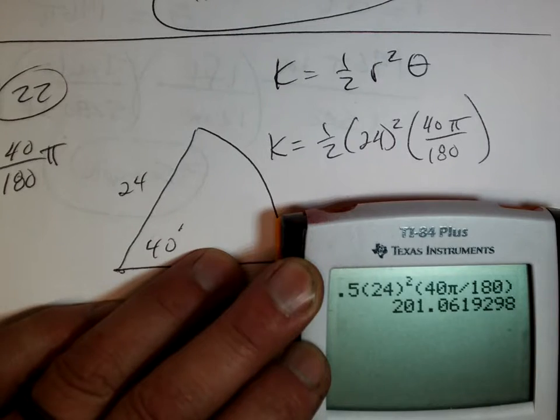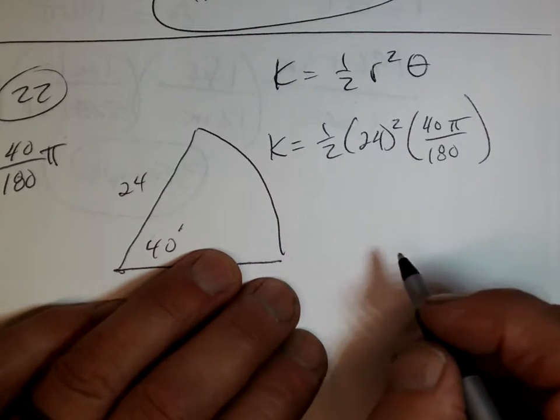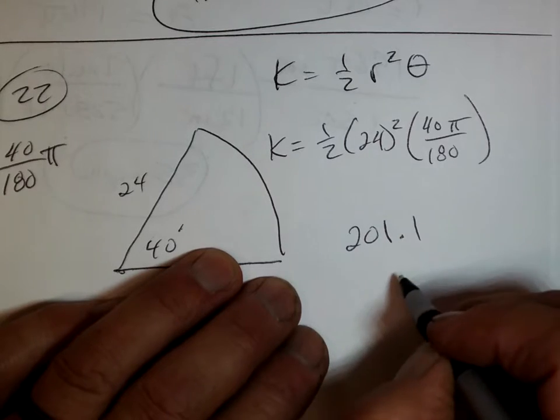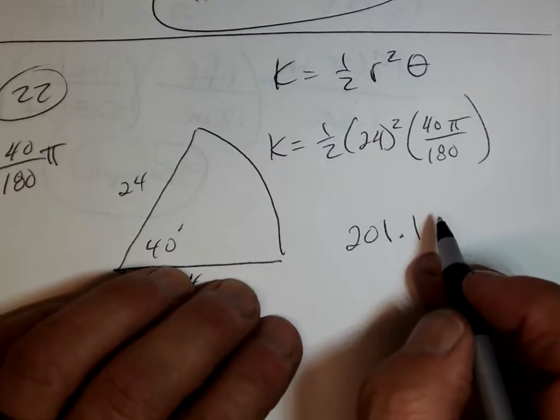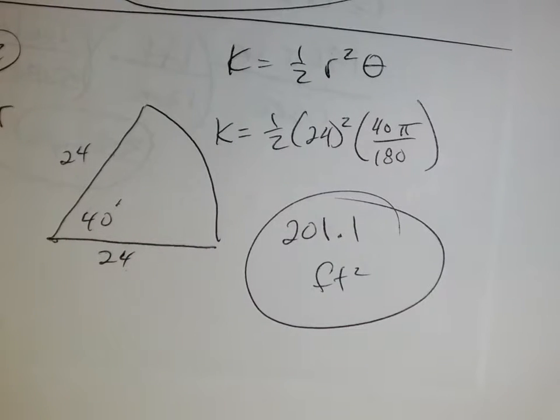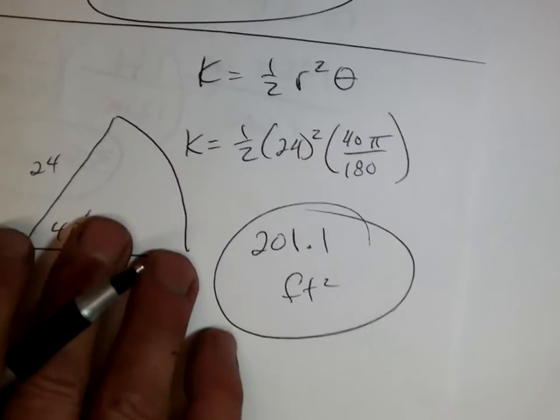And I get an answer of about 201.1, and that'd be in terms of probably feet, right? Feet squared of area. Okay, you can do this. You can. Okay, we're getting there. Turn the page, okay?